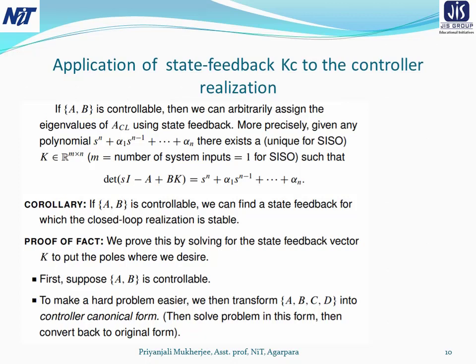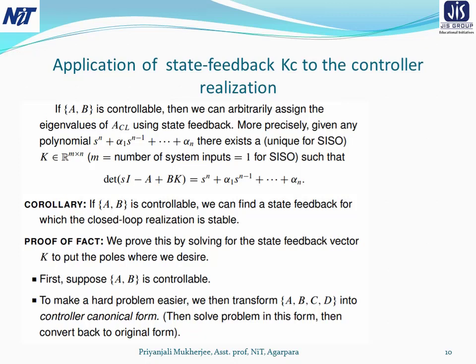So we will consider that A and B are completely controllable. If it is not completely controllable, then it is not possible to change the pole locations. How we can change one pole location to another desired pole location, that part we will discuss in our next video on the pole placement technique, as well as transforming ABCD into the controllable canonical form.